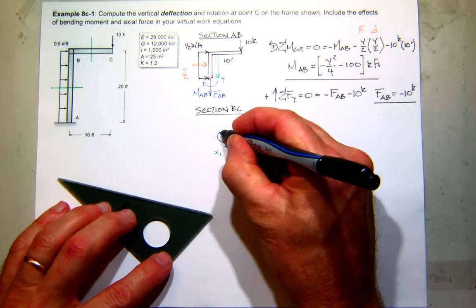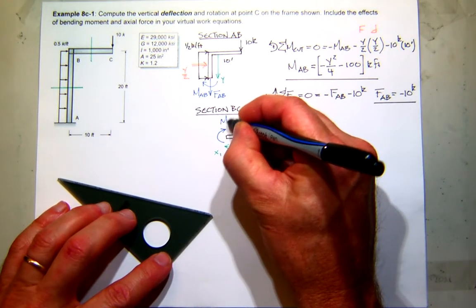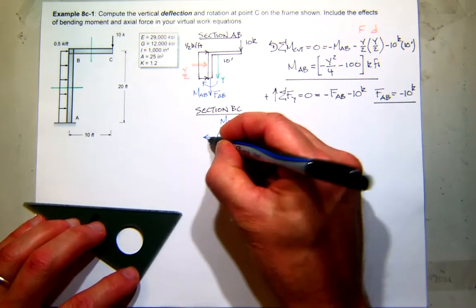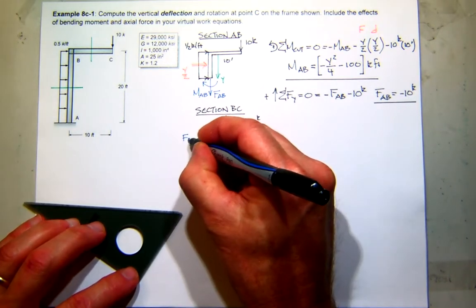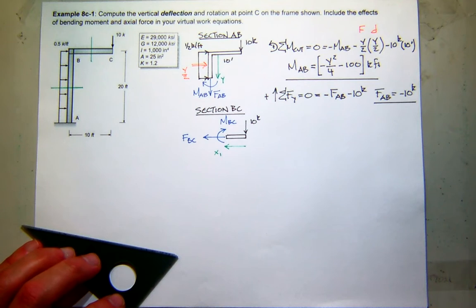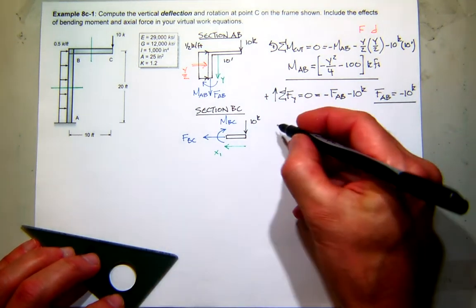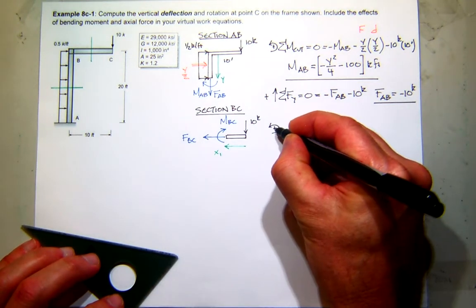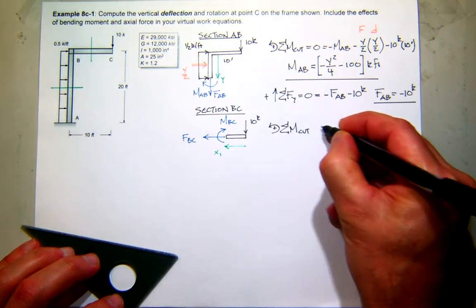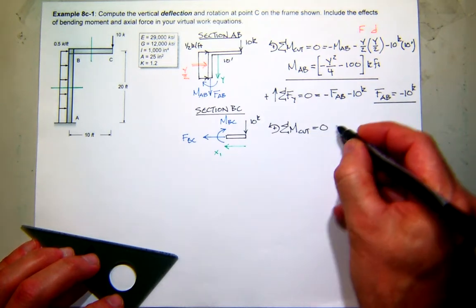And I will assume a moment in BC, and I will assume an axial force in BC. So let's find the moment first. Again, I'll assume right-hand rule for my sign convention, and we'll sum moments about the cut, make sure it's in equilibrium.